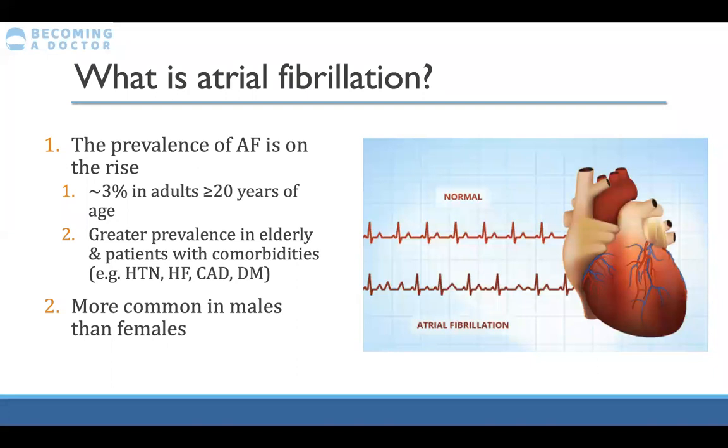These estimates also indicate a prevalence of approximately 3% in adults aged 20 years or older, with a greater prevalence occurring in the elderly population, as well as in patients that have other comorbid conditions like hypertension, heart failure, coronary artery disease, as well as diabetes. Also important to note is that AF is more common in males than it is in females.